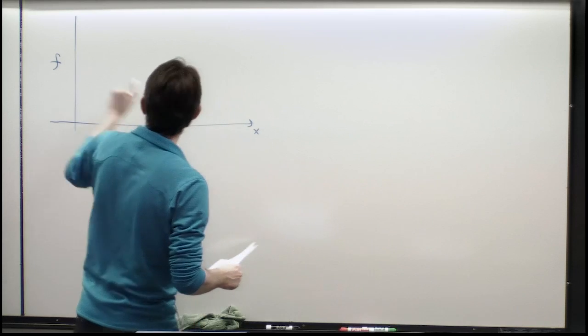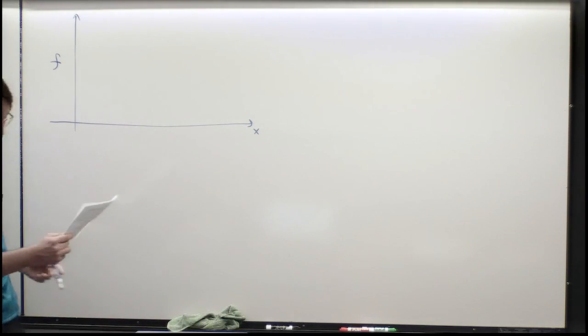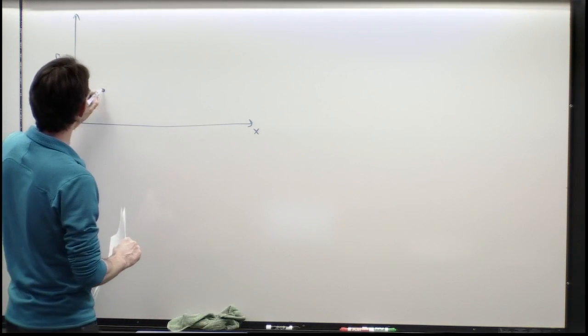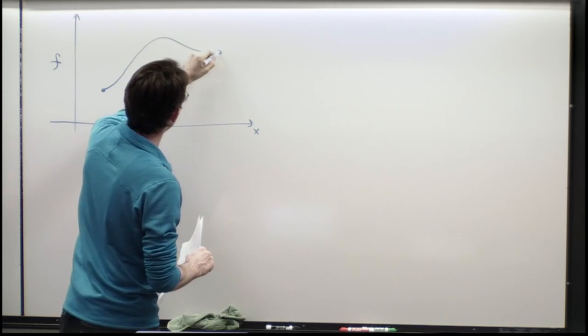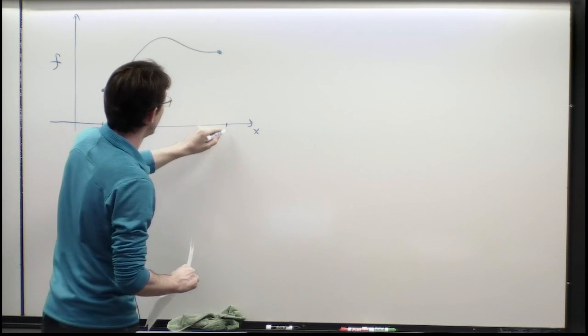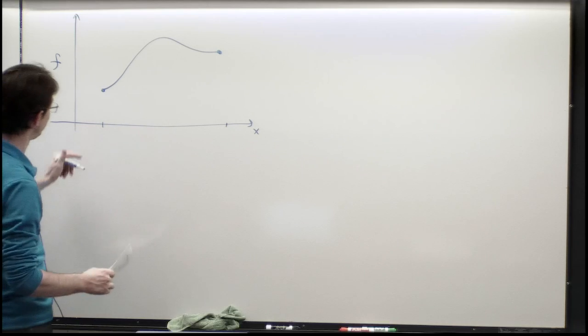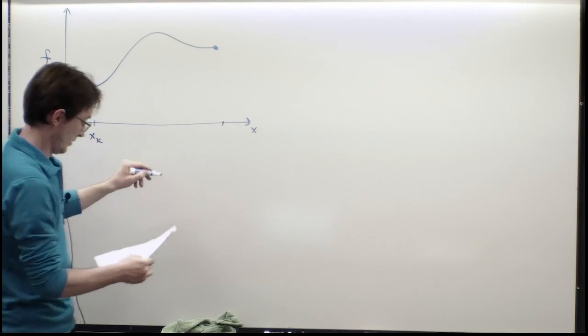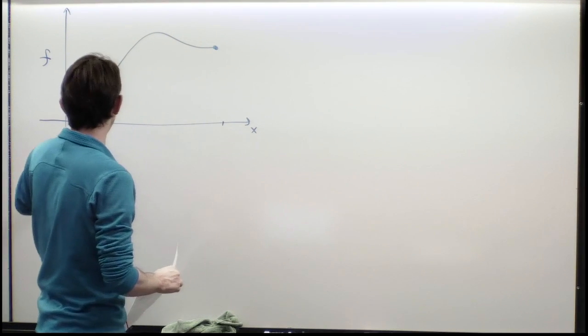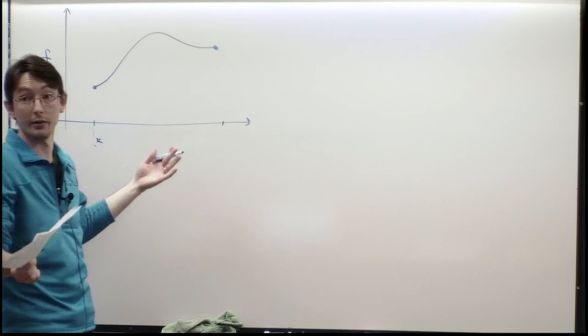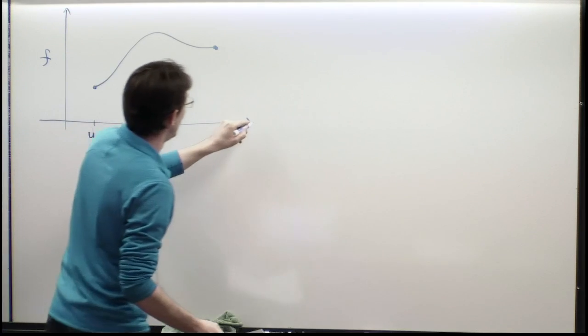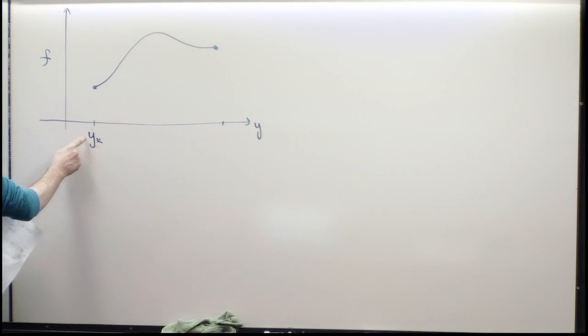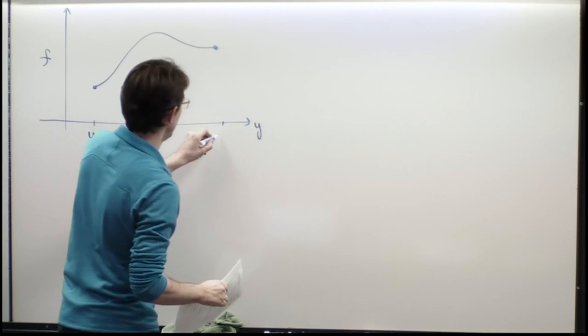But what the mean value theorem states is that if I have some function of a variable x, okay, so f versus x, let's just make a nice well-behaved function. And I have it defined between points, maybe I'll have this be a function of y, since I'm using y as my variable. And it's defined between yk and yk plus 1.